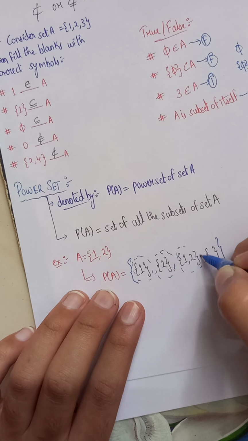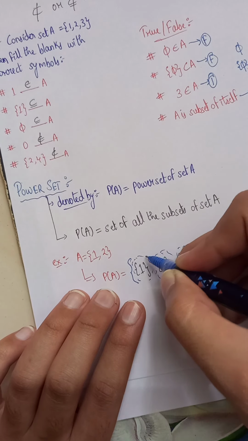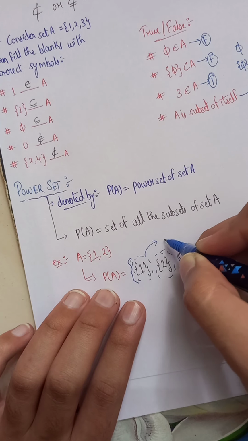These are the subsets of set A, right? So these are all elements.